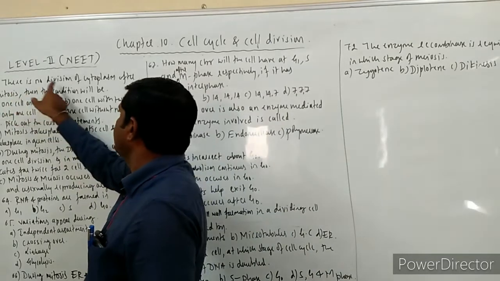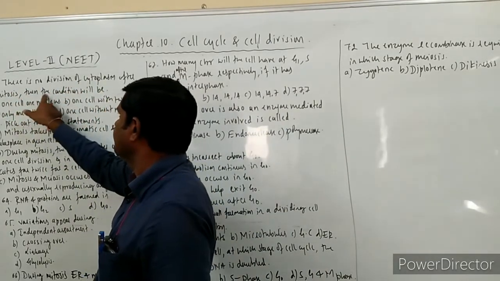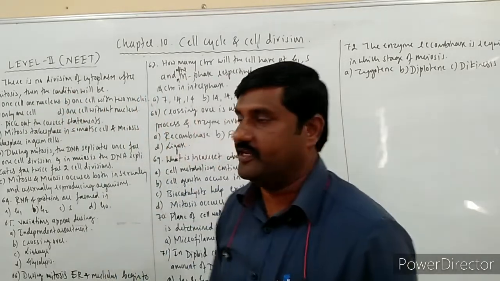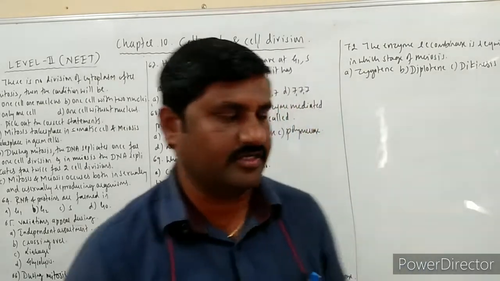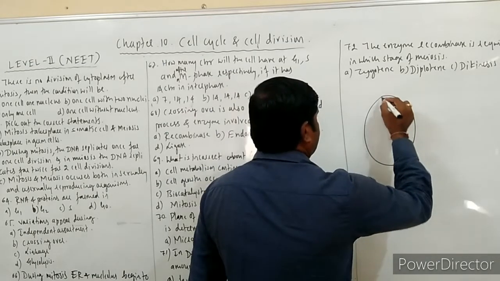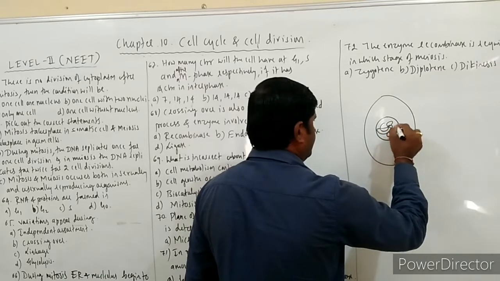There is no division of cytoplasm after mitosis. What will be the condition if there is no cytoplasmic division, or cytokinesis? See here, if this is one animal cell, it has a nucleus and chromatin network.